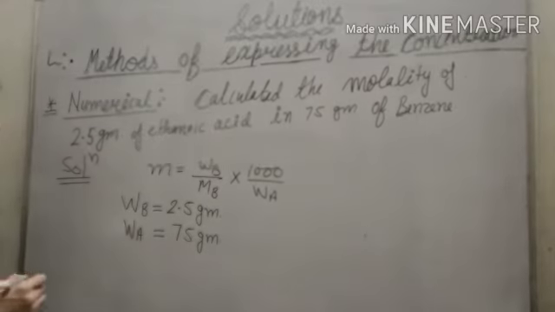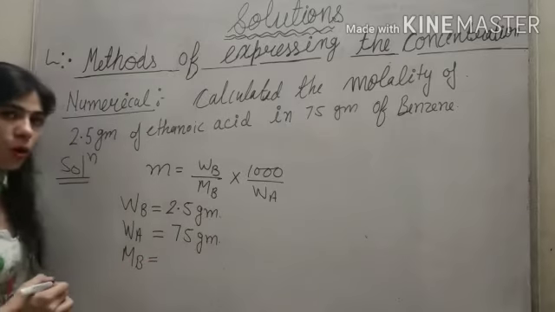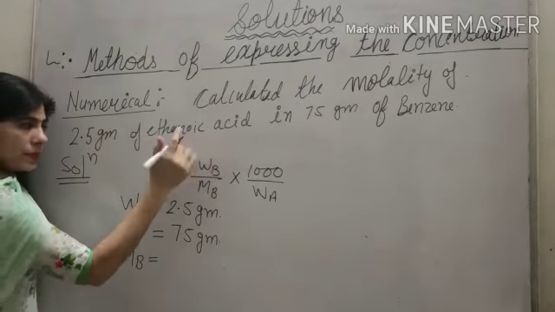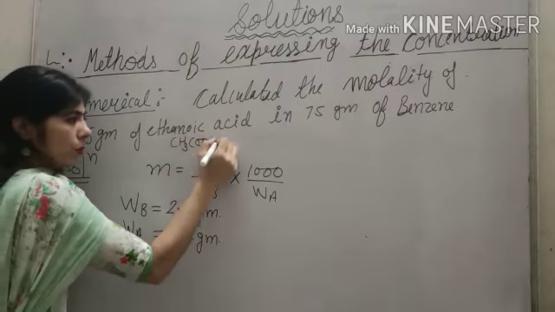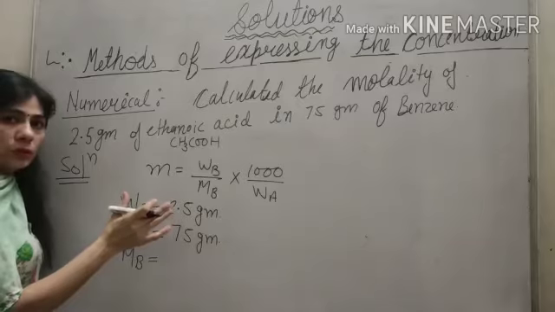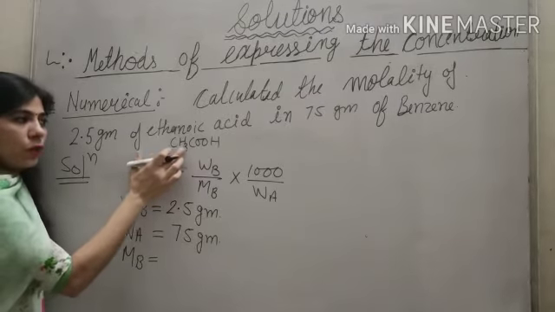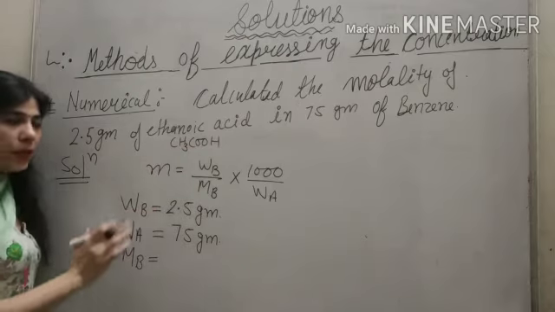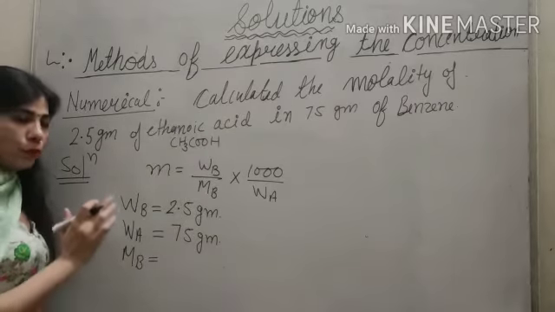And MB is the molecular mass of the solute, ethanoic acid, having formula CH3COOH, and the molecular mass of any compound is calculated by adding the atomic masses of the elements present in that formula.